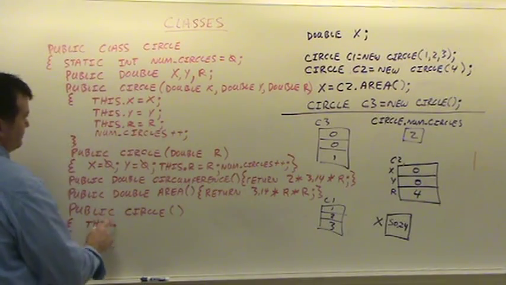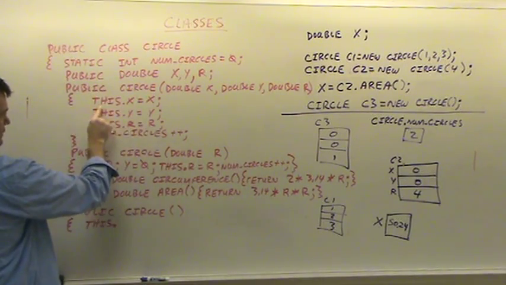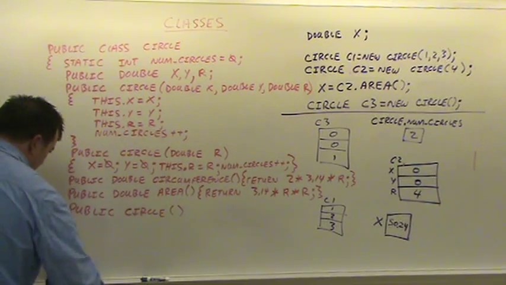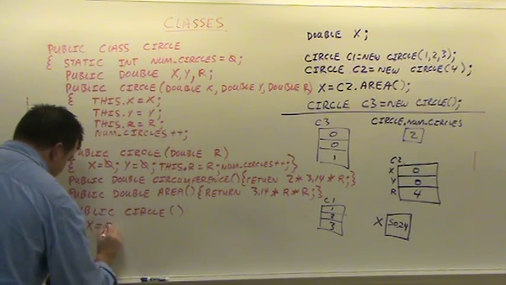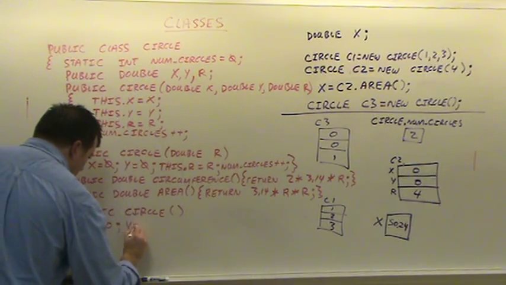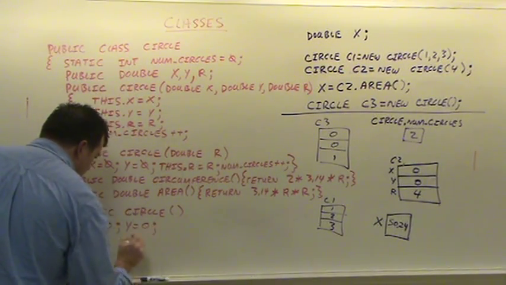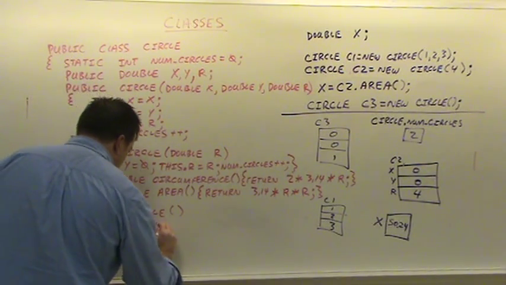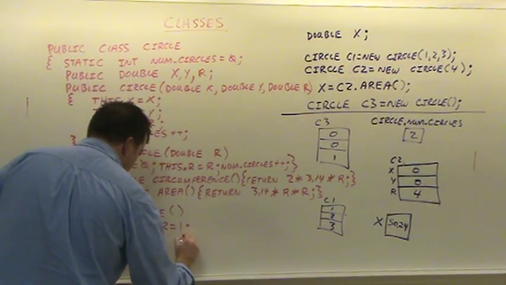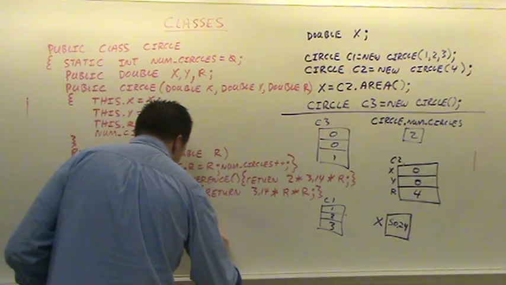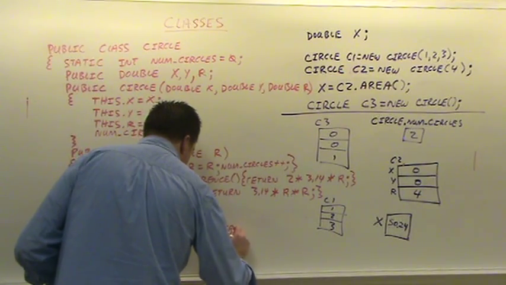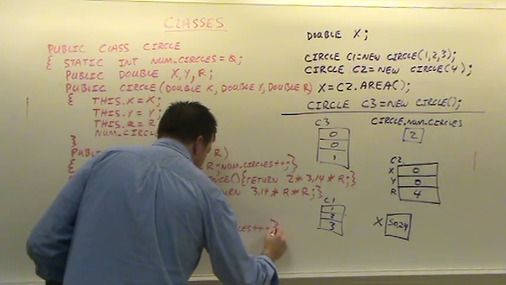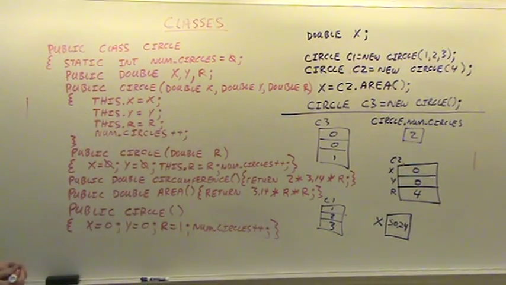Actually, we don't have to use this because this gets rid of the confusion, this x compared to that x. There is no parameter, so we don't even need it. We can say x equals 0, y equals 0, r equals 1, and num circles add 1 to it. And that would be the whole body of it.